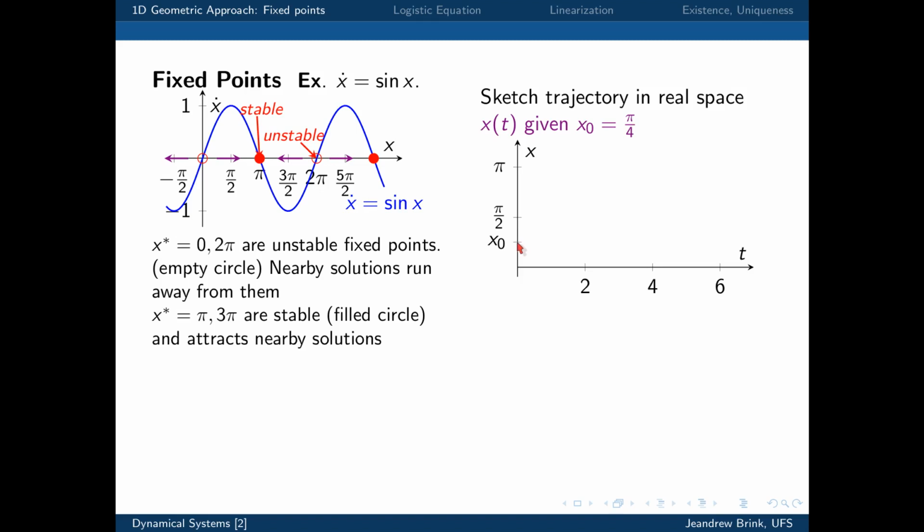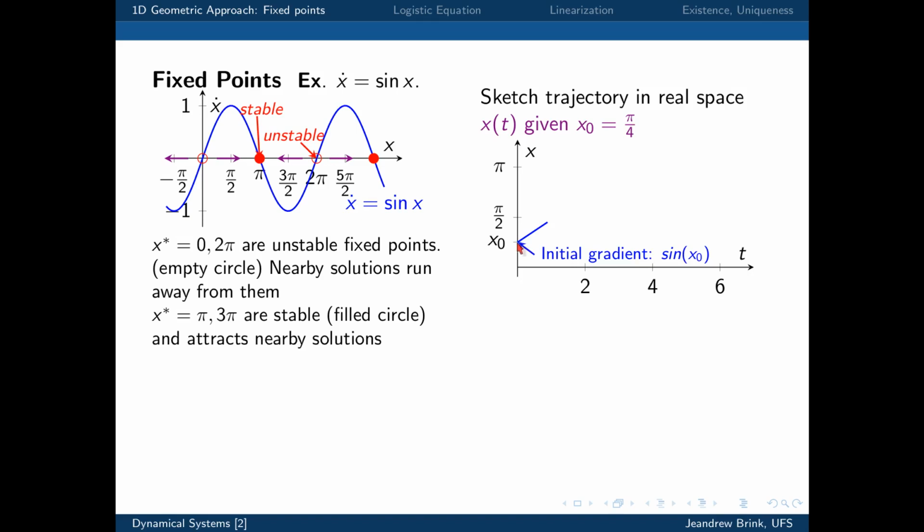And we want to know how the thing changes. We know one thing: because pi over 4 lies over here, the velocity is positive, and so the particle x is going to increase. It's going to move that way. But you can also go to that point and work out the value of x dot at that point, and that will tell you the gradient or the slope of how the graph begins to move away from the point x0.